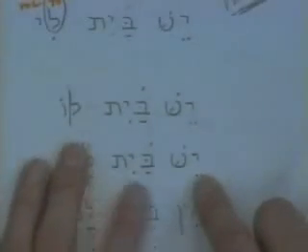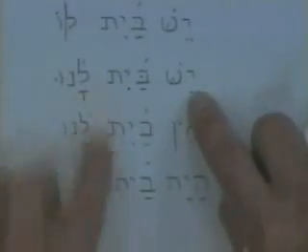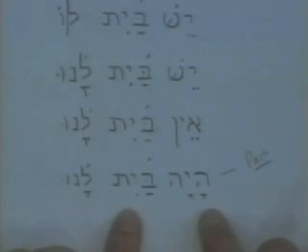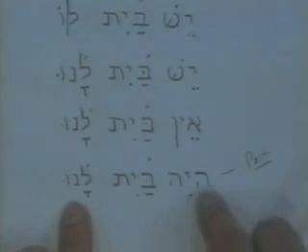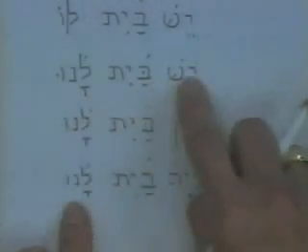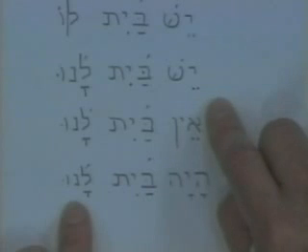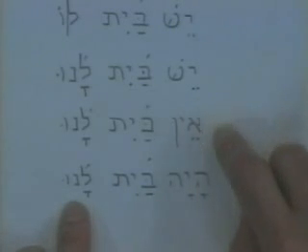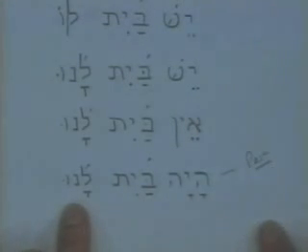So what's the difference between yesh bayit, there is a house, and haya bayith, there was a house to us? If yesh bayith lanu means there is a house to us, means we have a house, haya bayith lanu means there was a house to us, means we had a house in the past tense.